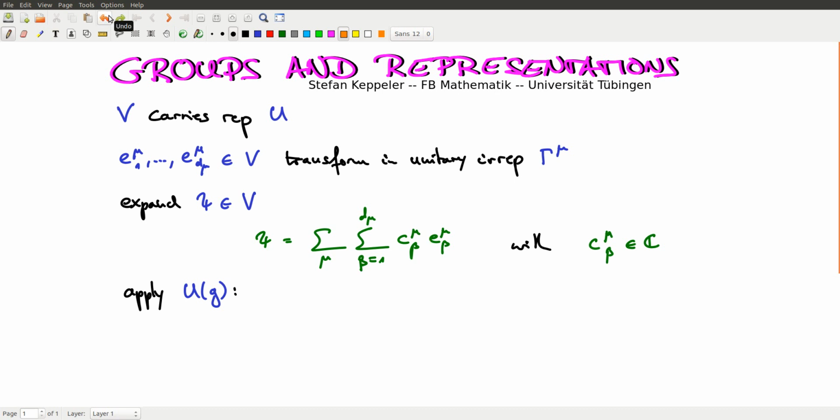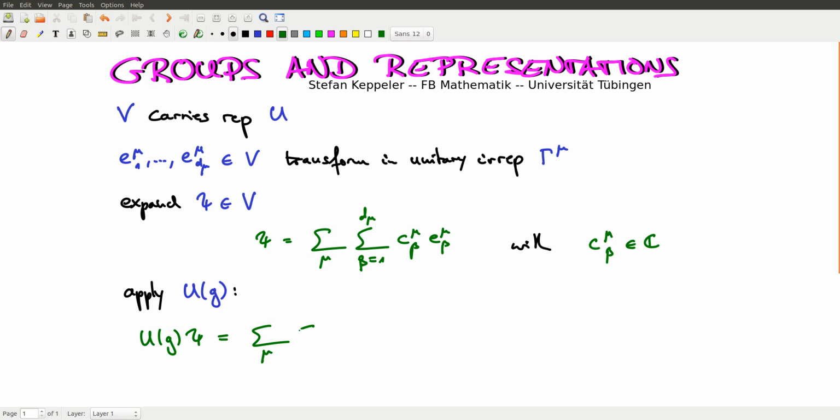And now we want to apply our representation U. So what happens? Calculate U of g, apply to psi. We only have to look here. These transform in irrep gamma mu, so we just copy the rest.